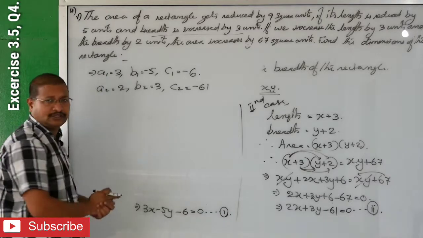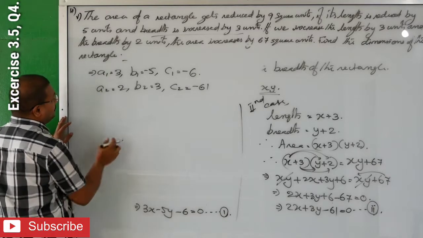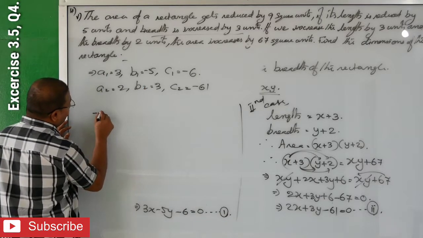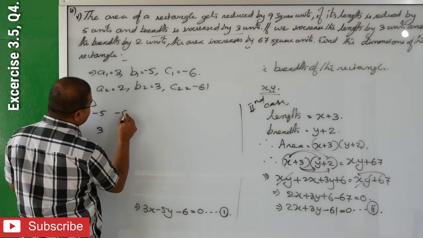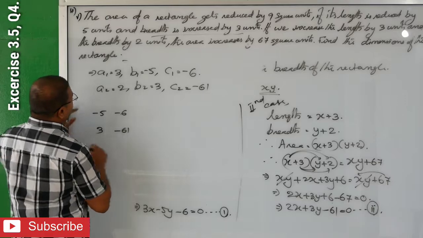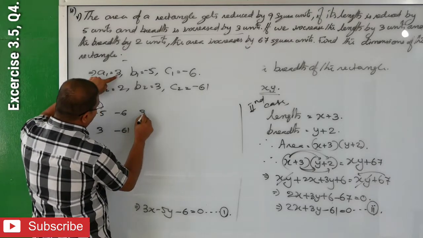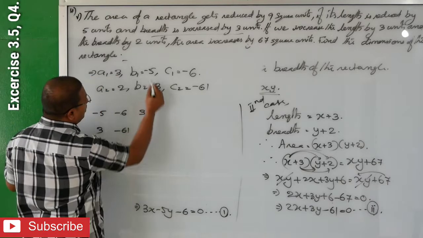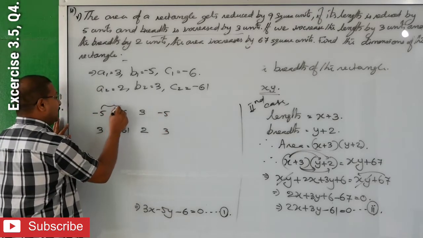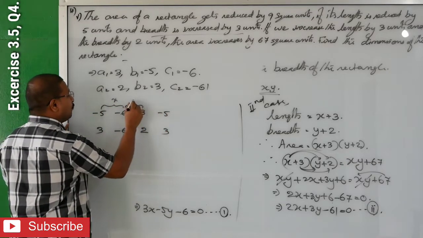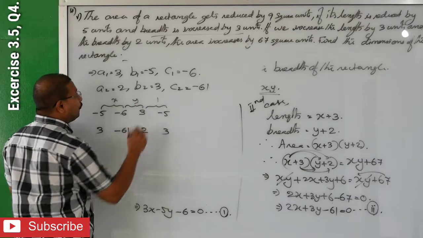Ready? Now we will use cross multiplication. b1 b2, that means minus 5, 3. After that c1 c2, minus 6, minus 61. After that a1 a2, 3, 2. One more time b1 b2, minus 5, 3. Here will be x, this will be y, here will be 1.